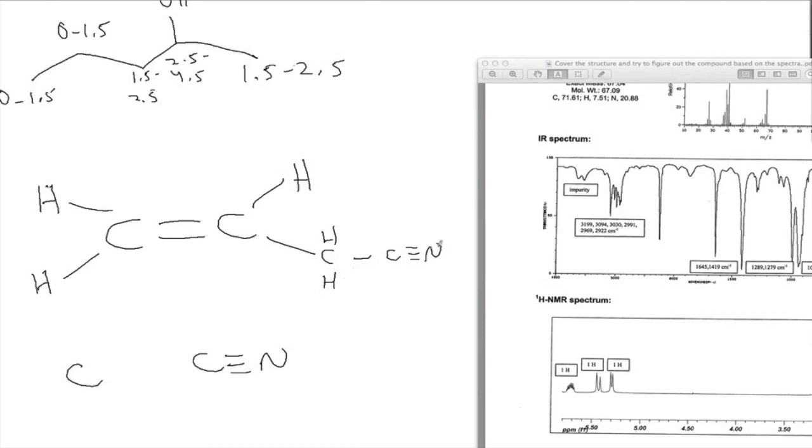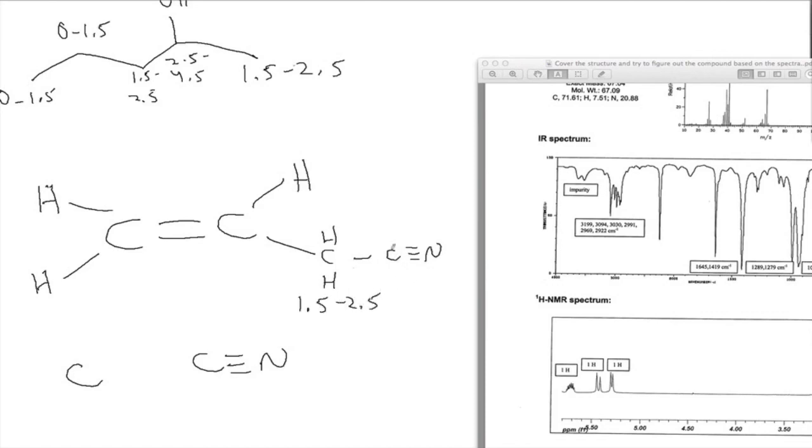First of all, based on this nitrogen, what region would we predict it would be in? Well, that counts as an electronegative element, so you would think it's between 1.5 and 2.5. Right.